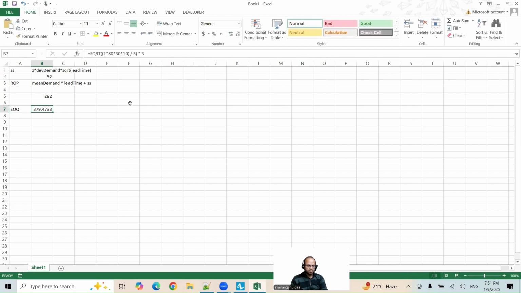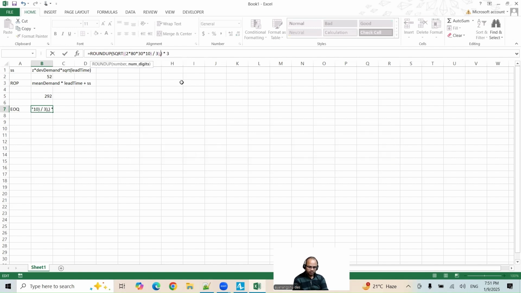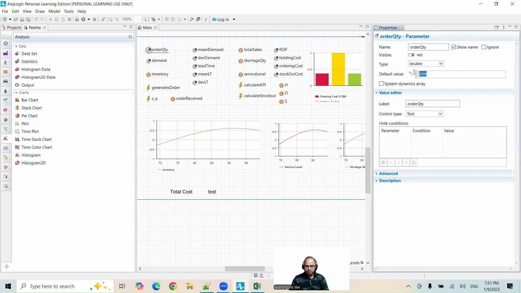So this is close to a round up of this value. So with this, we will update the order quantity, and the ROP that we calculated is 292.